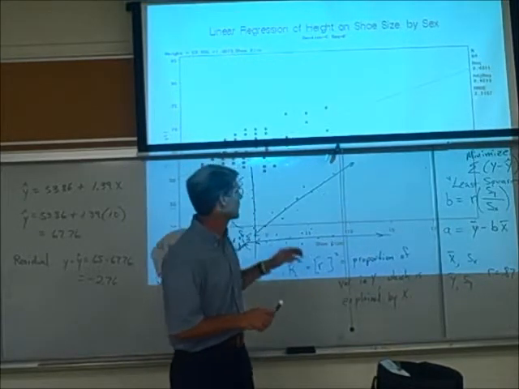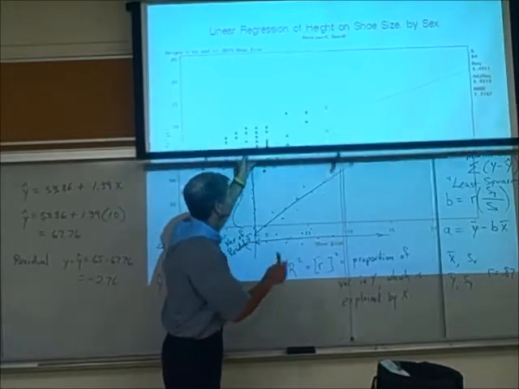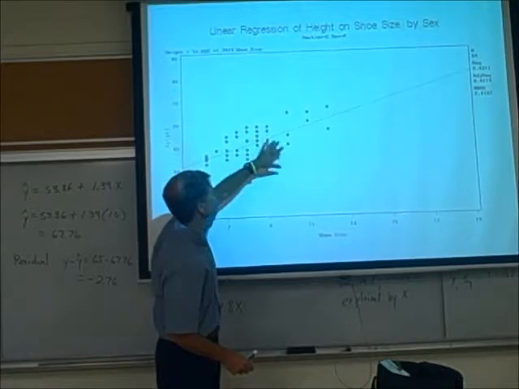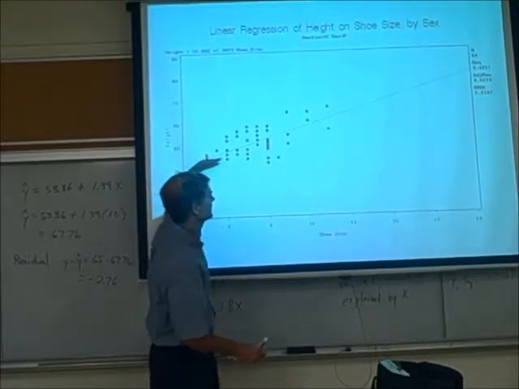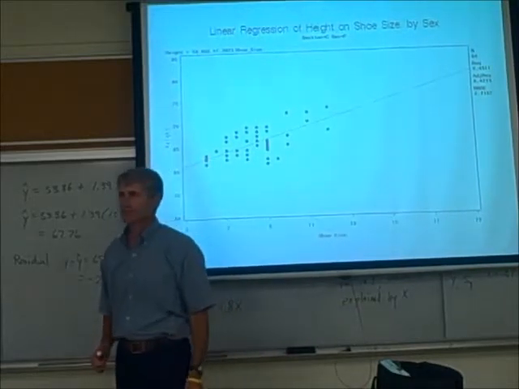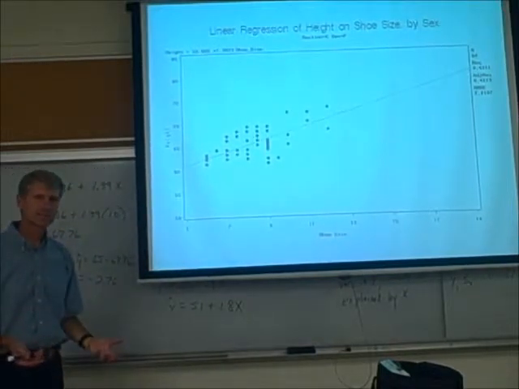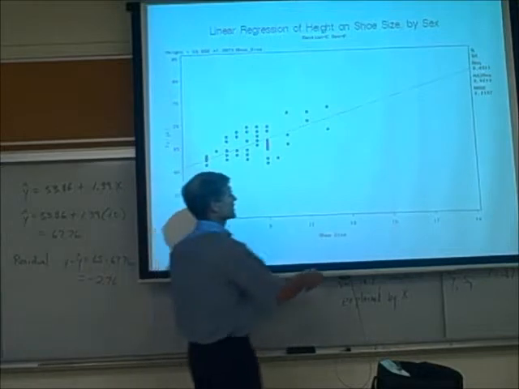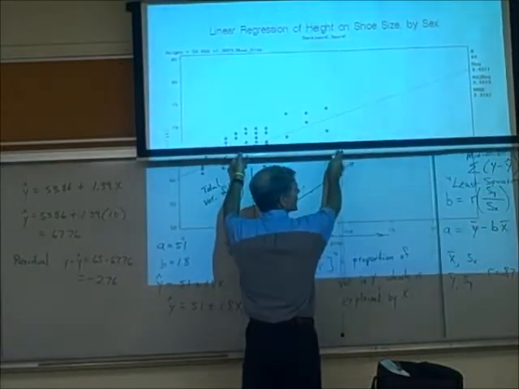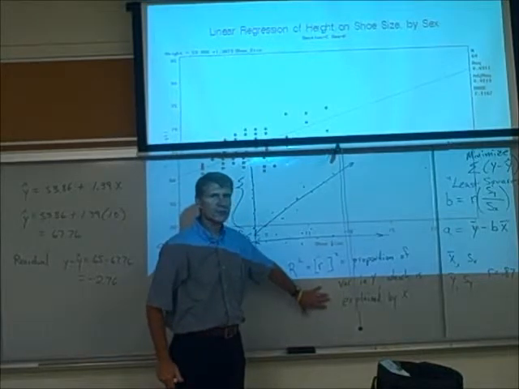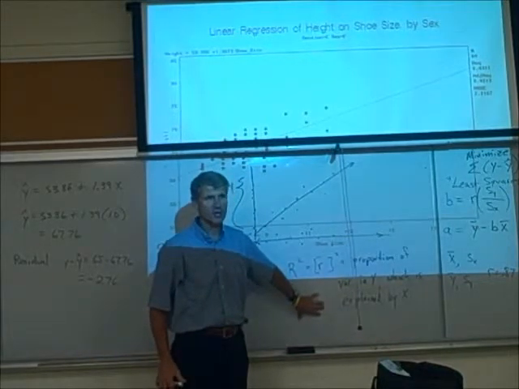It's telling me that 43% of the variability in height can be explained by their shoe size. As compared to what? Well, the way the book says it, another way to think of it is the proportional reduction in prediction error.